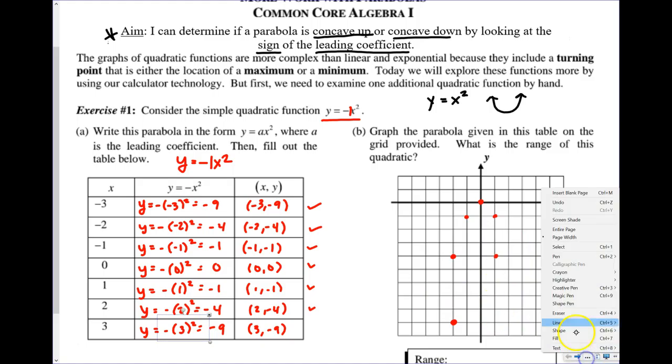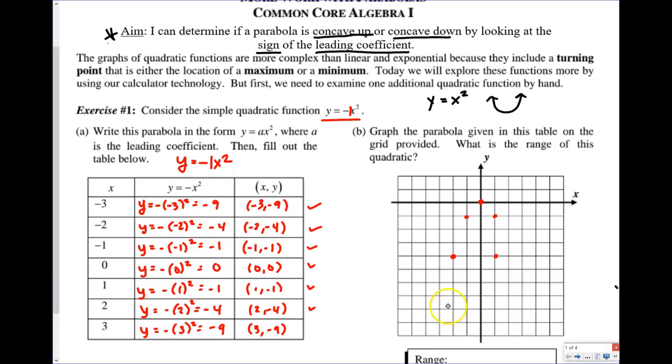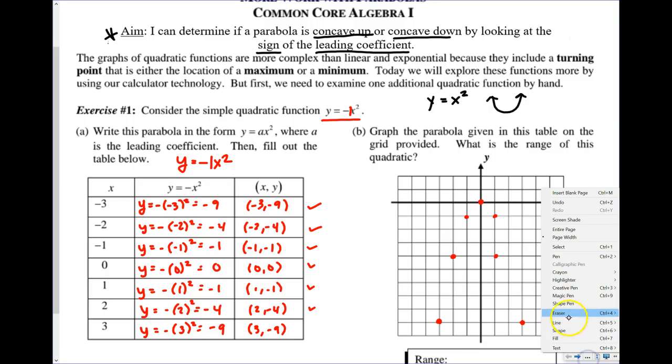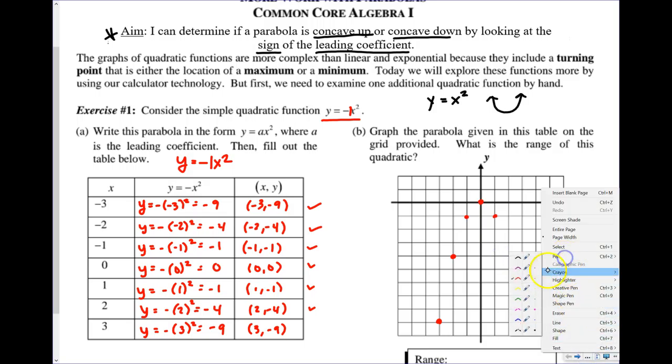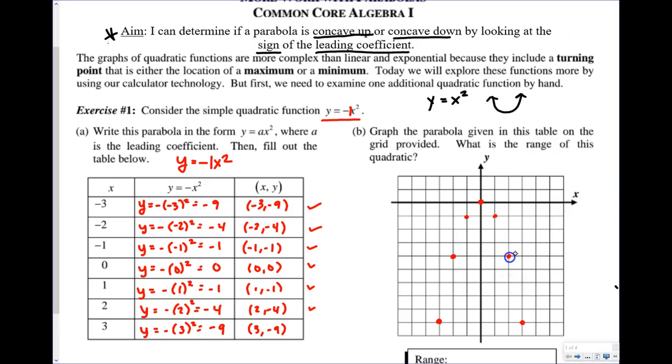Oh, this point, sorry, should be here. Sorry, let me get my eraser. Okay. This point should be here. There we go. 3, negative 9. I'm making graphing errors. There we go. Now we can see that we're forming a curve.